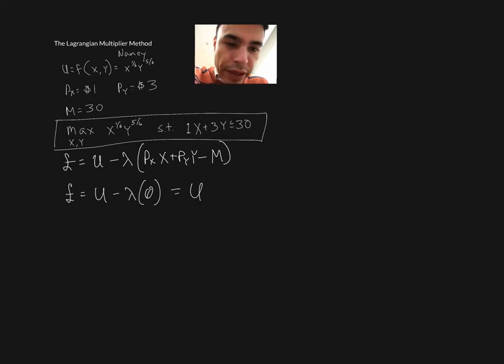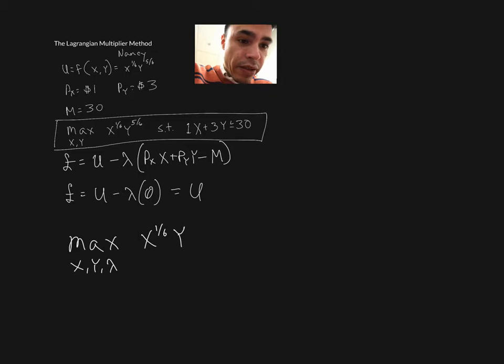Okay, so in this case, we're going to pick x, y, and lambda that maximizes the Lagrangian function, which in this case is going to be equal to x to the 1/6 times y to the 5/6 minus lambda times the budget constraint all put on one side.